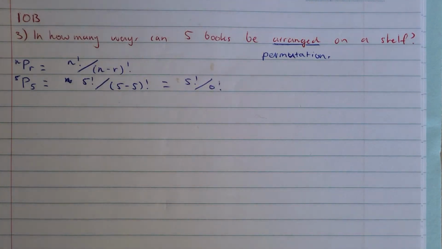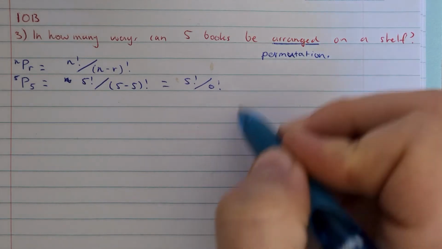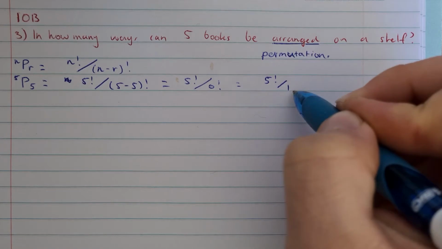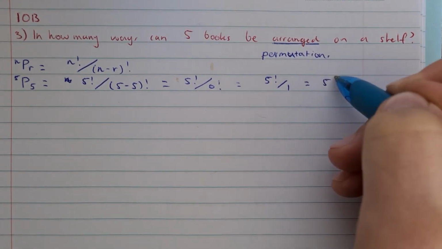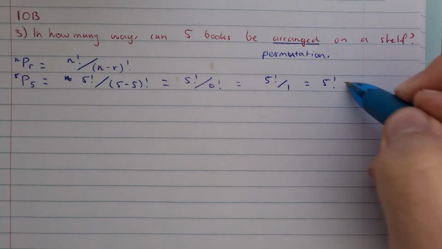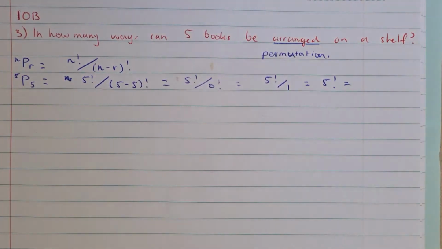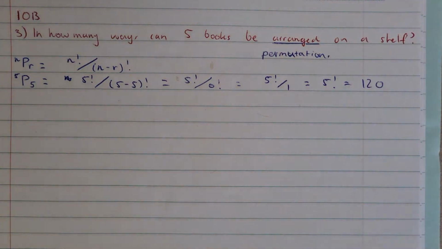Now, from one of the YouTube videos that we watched, we know 0 factorial equals 1. So this is just 5 factorial over 1. When you have something divided by 1, it's just that number. So it equals 5 factorial, which should be 120, I think. Yep. So there are 120 ways that we can arrange these 5 books on a shelf.